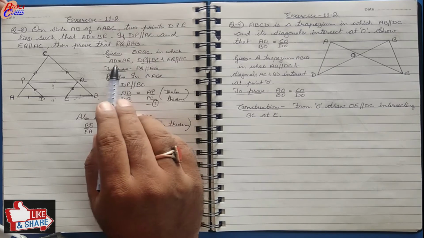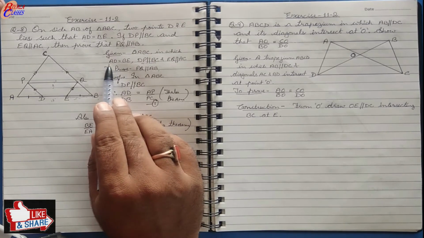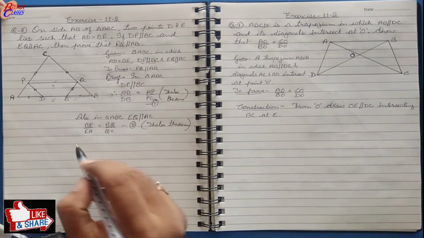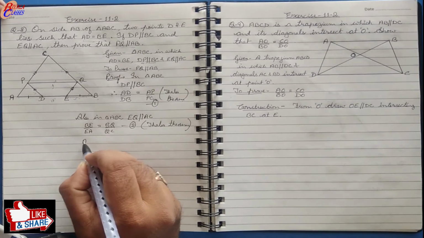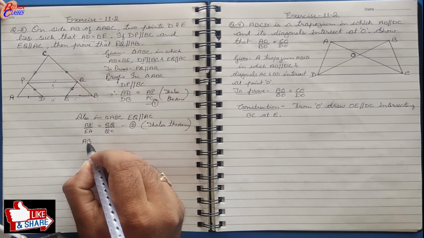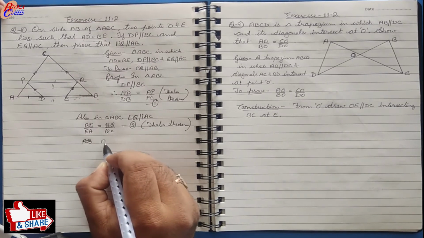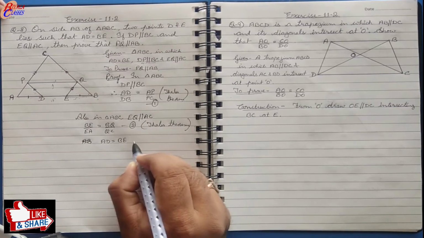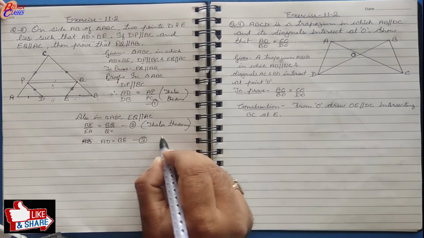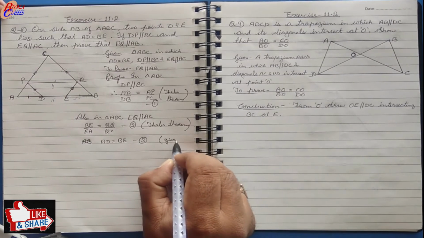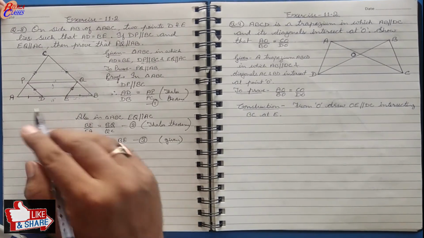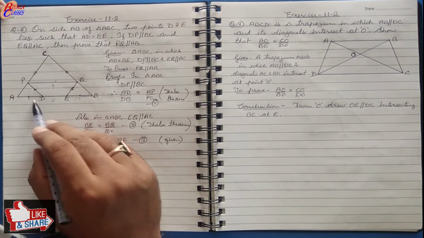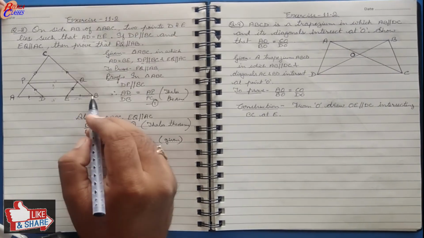Now one thing we need to do here is, we are given that AD is equal to BE. This is given. Now here AD and BE are parts of the same side AB.